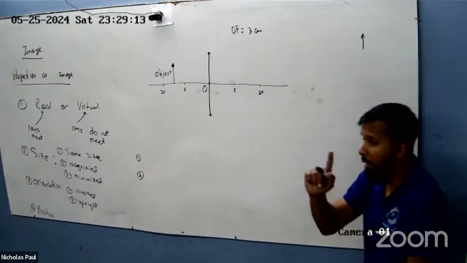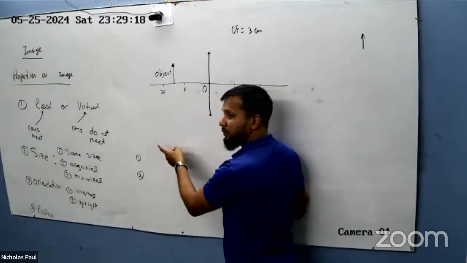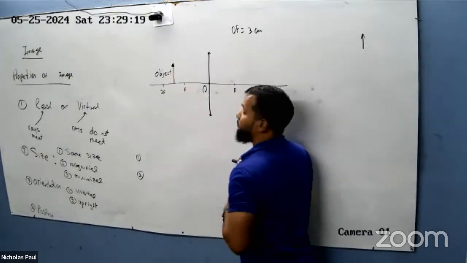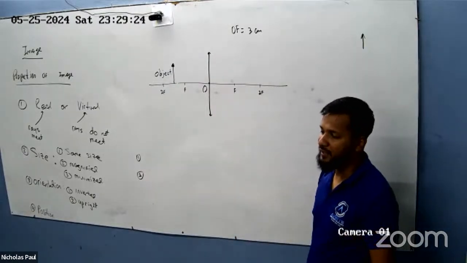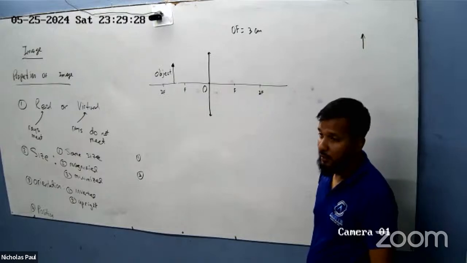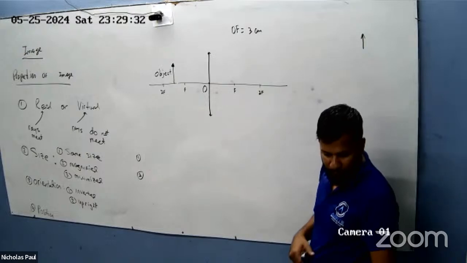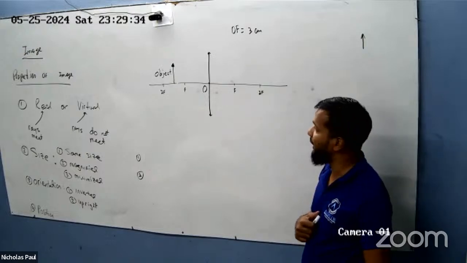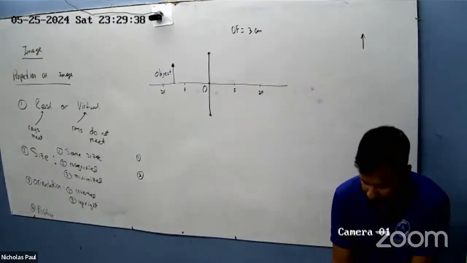Ready? Ray number 1, a line parallel to the principal axis, then through the focal point. That's the first ray.